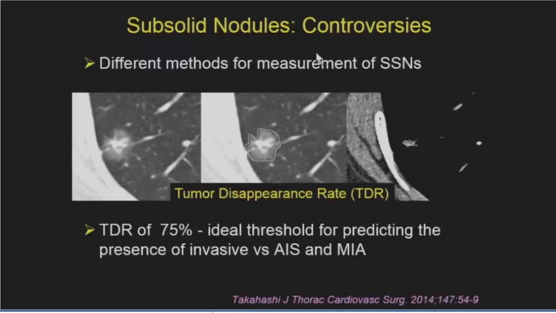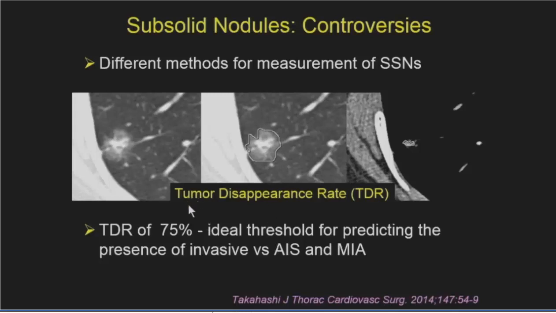So the last thing I want to discuss is some controversies about measurement of these lesions. Because of their poorly defined borders, it's hard to be accurate when measuring these lesions, and there is high inter- and intra-observer variability. So different methods of measurement have been investigated.